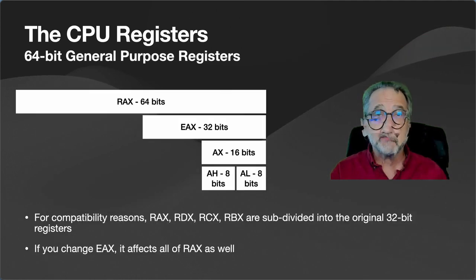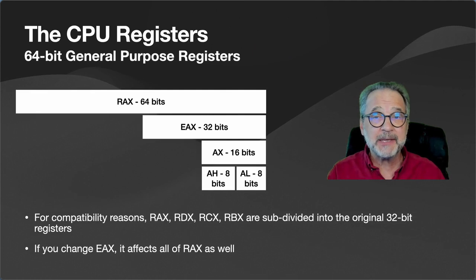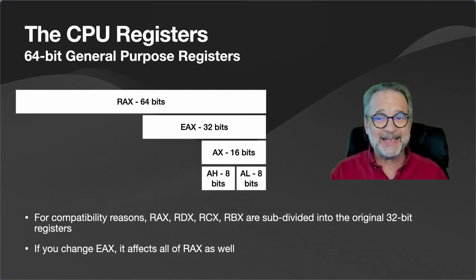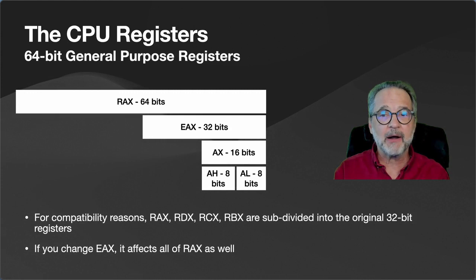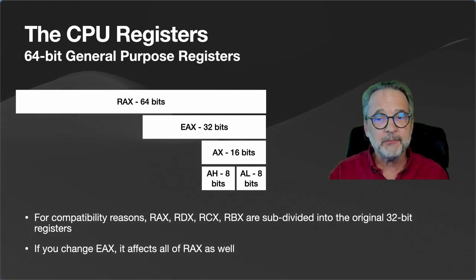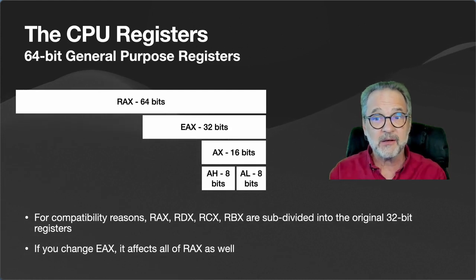Now, the 64-bit CPUs are split up just like the 32-bit at the EAX level, but then there's also another upper level, which is the 64-bit. So RAX in this case, the bottom half of RAX, the bottom 32 bits, is called EAX. The bottom 16 bits of EAX is called AX.